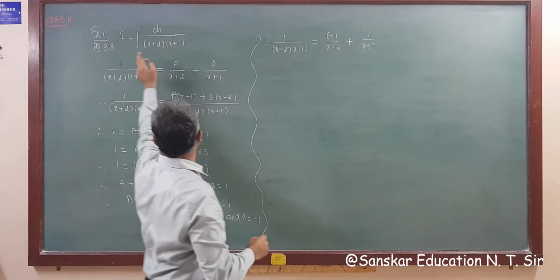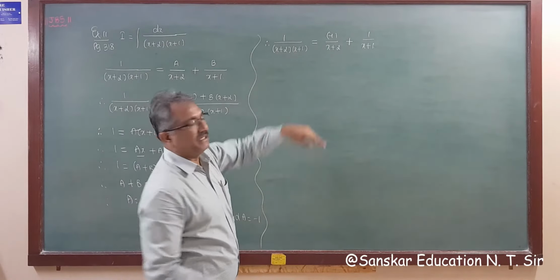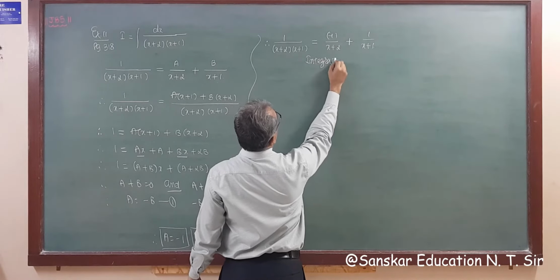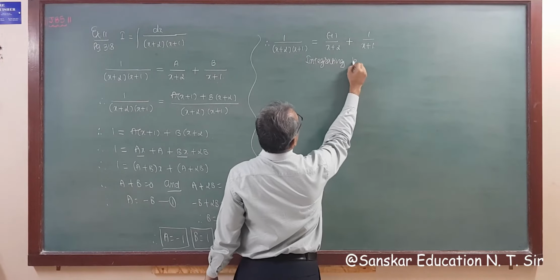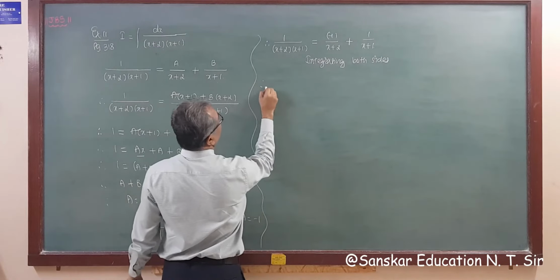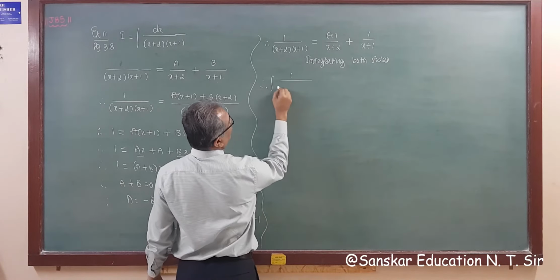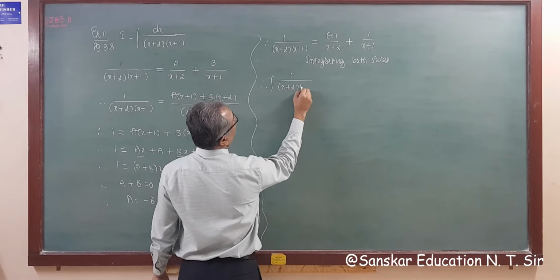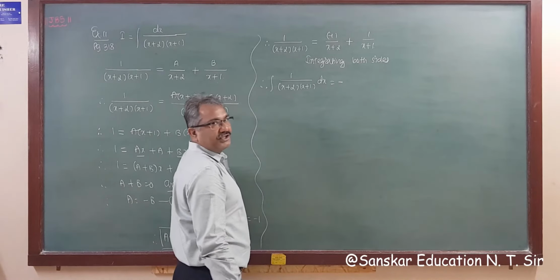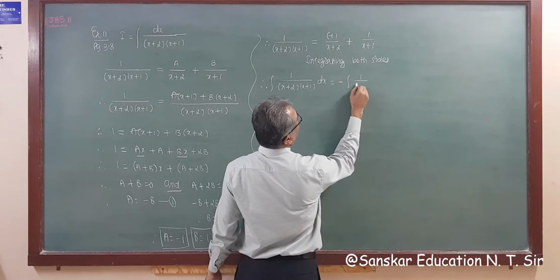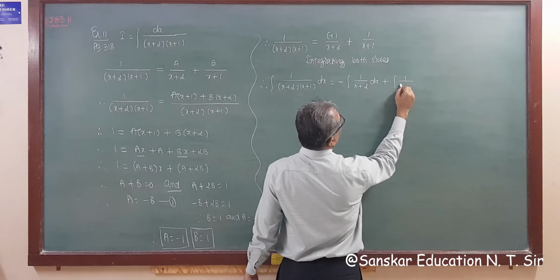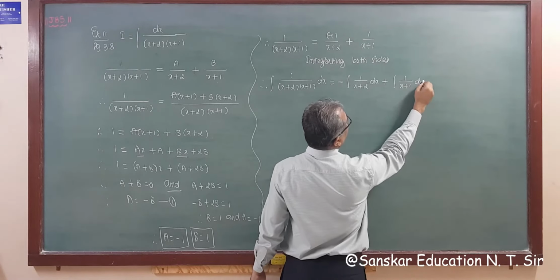And this is the value of my I. So integrating both sides, what we get? Integration of 1 upon x plus 2 into x plus 1 dx is equal to minus, as it is constant, 1 upon x plus 2 dx plus integration of 1 upon x plus 1 dx.